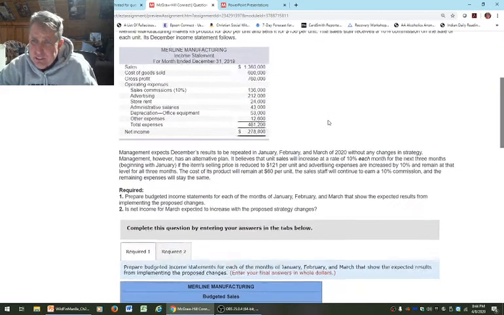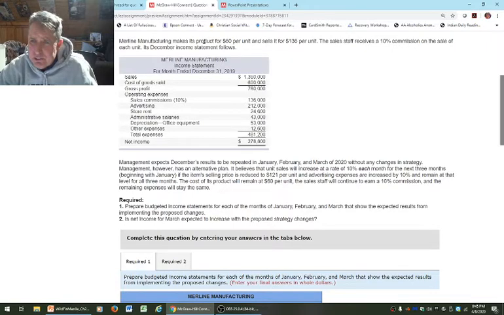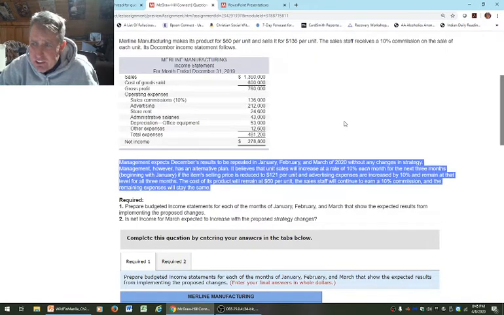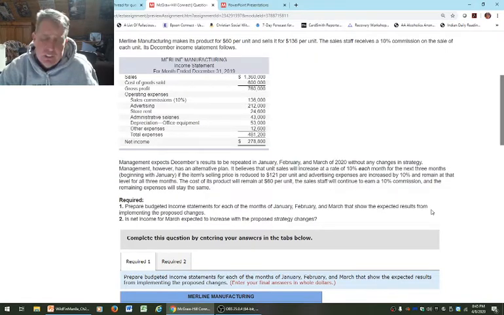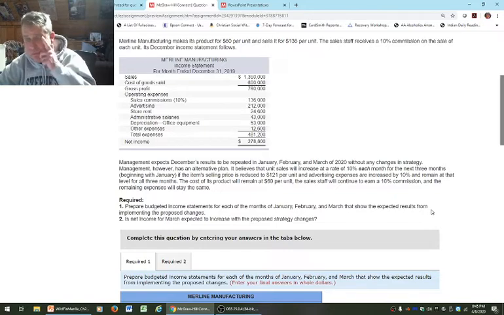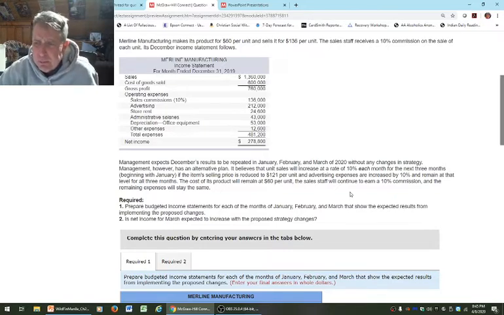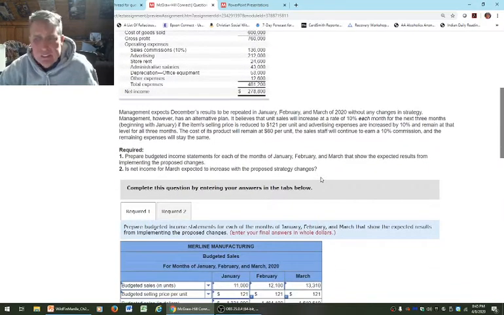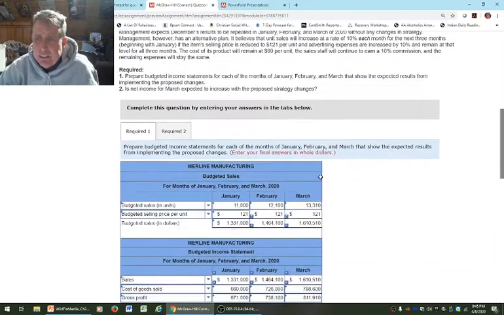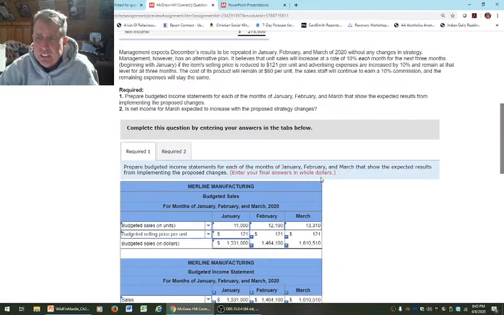Merline Manufacturing makes its product for $60 per unit, sells it for $136, 10% commission, right? And then you have all this information in here that you have to read very carefully. Use a separate piece of paper, or copy out that other slide.